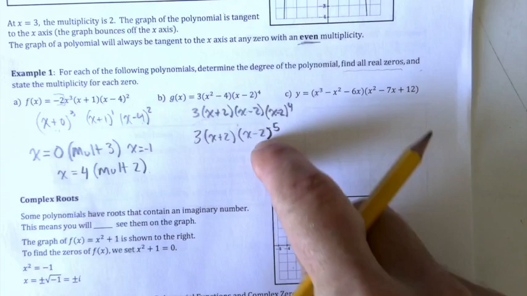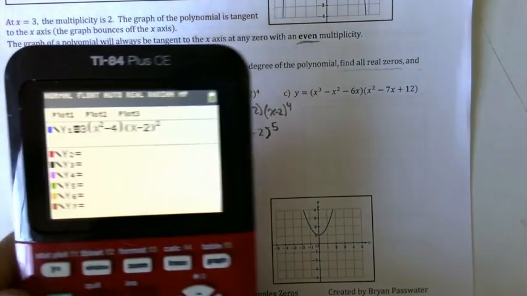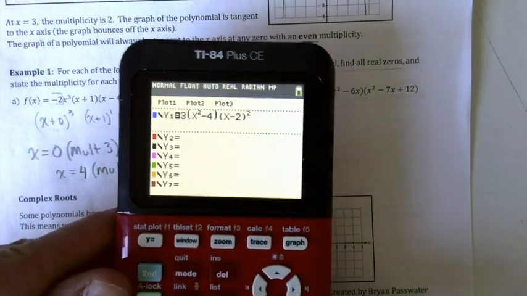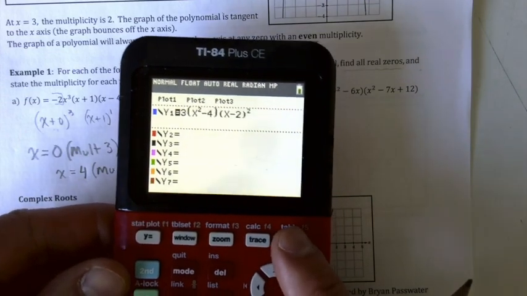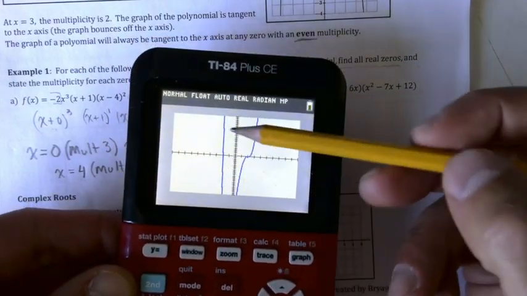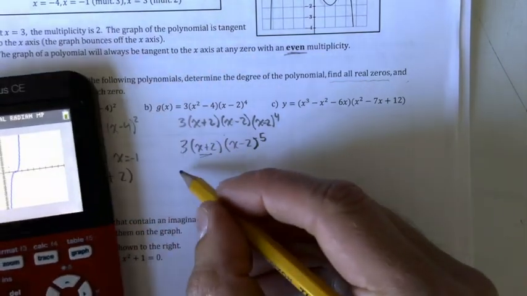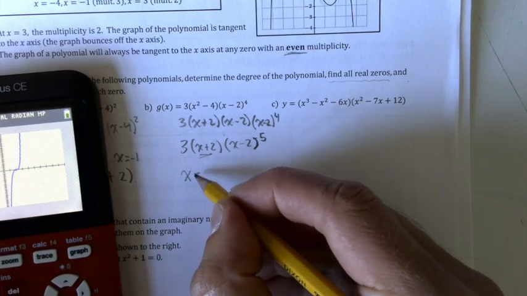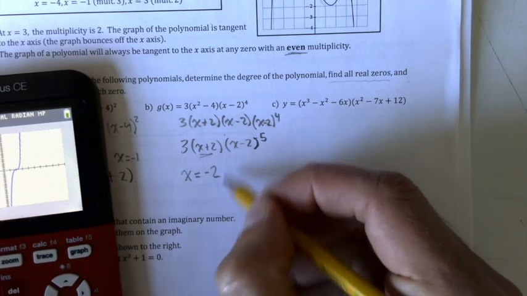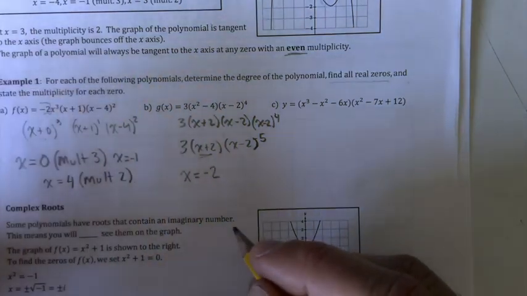All right, I can double check by going to my calculator, plugging it into the y equals, clicking graph, and then I'll notice we pass straight through at -2, which is this factor here. So the first 0 is at x is equal to -2. There's no multiplicity there.